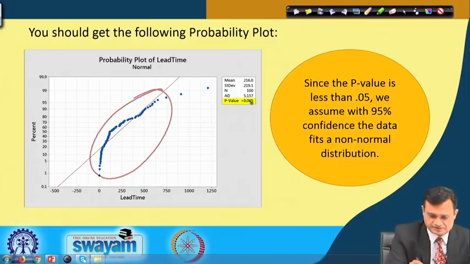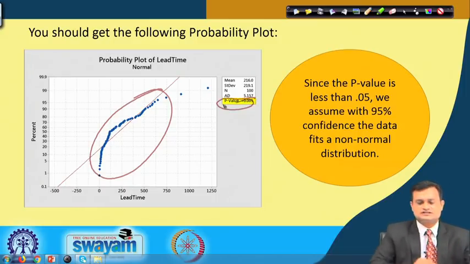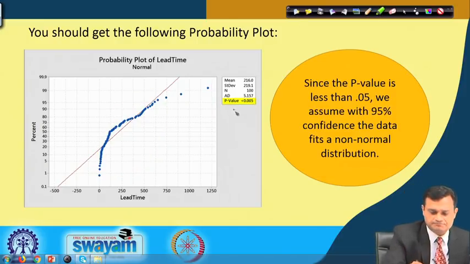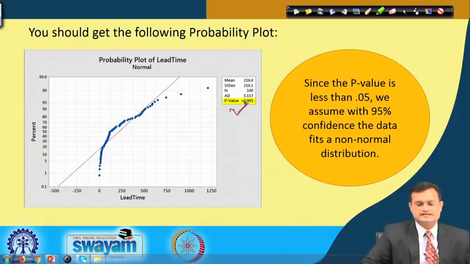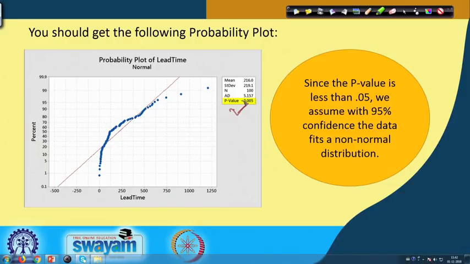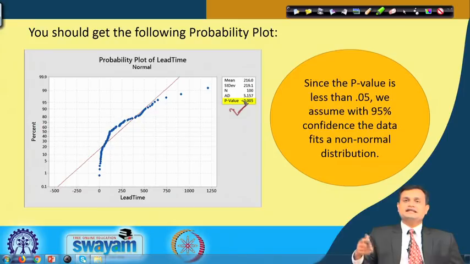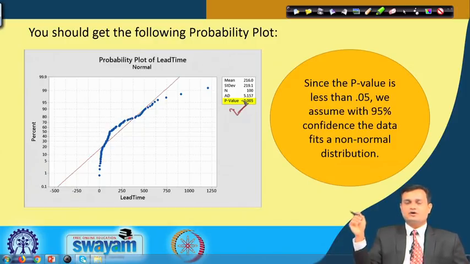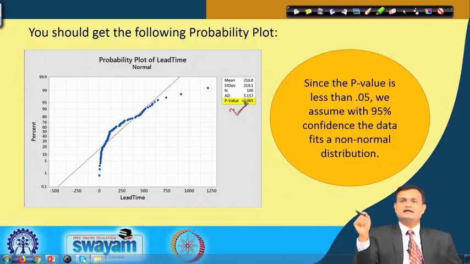You can also check the p-value. We have not discussed the concept of p-value so far, but you can just see that your p-value is 0.005, which is quite less than the level of significance. You might have assumed 0.05, and hence it is in the rejection region. We will see in a subsequent lecture how to test the hypothesis. And again, this inferential measure indicates that my assumption about normality is not true and my data is non-normal.